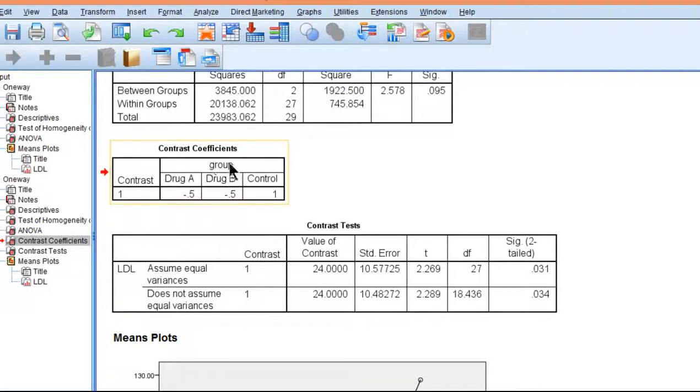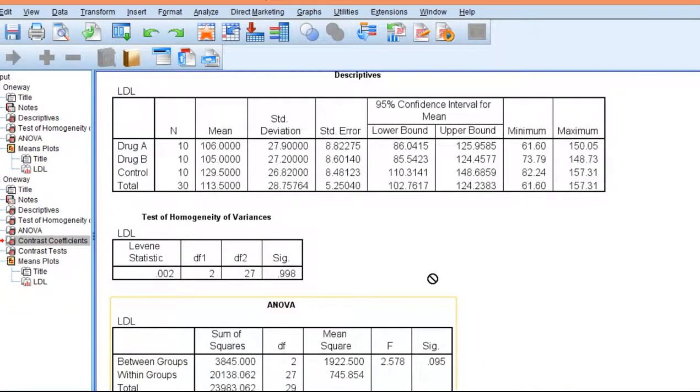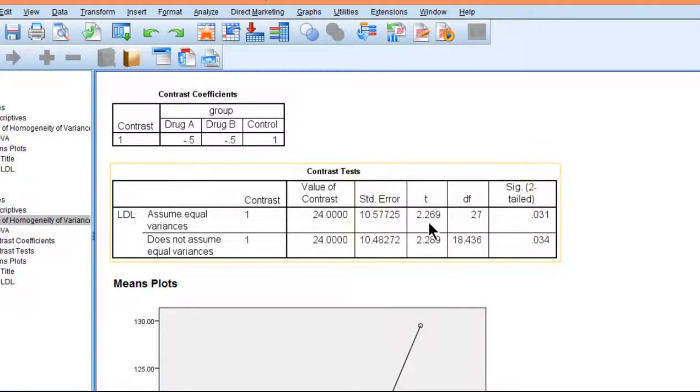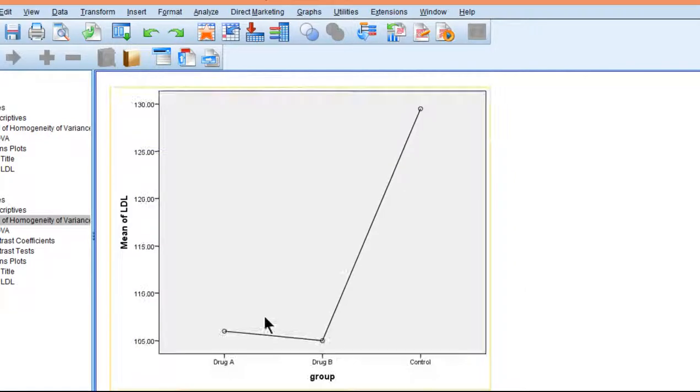For this comparison, it's combining drug A and drug B into one mean, and it's comparing it against the control group. And we find that if you assume equal variances, which we can because we haven't violated that assumption with the Levene's test, we get a t of 2.269 with 27 degrees of freedom, and it's less than 0.05. Because it's less than 0.05, we can reject the null hypothesis of equal combined means versus the control group.